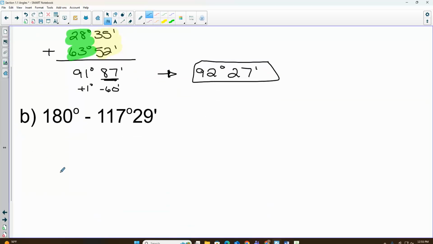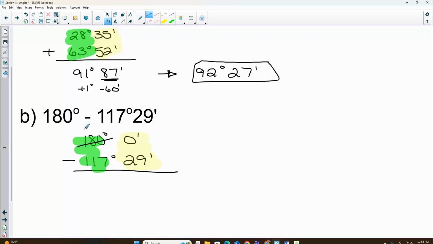So if I want to subtract these things, I'm going to line it up. 180 degrees minus 117 degrees, 29 minutes. All right, that's like 180 degrees and 0 minutes. If I'm trying to subtract my minutes, can I do 0 minus 29? No, so what do you think we do? Borrow.